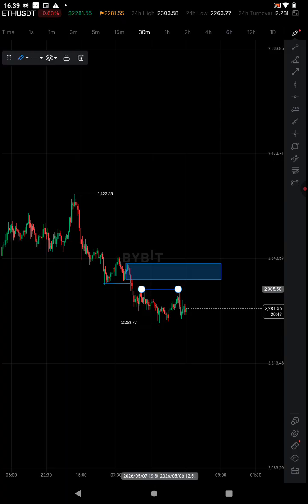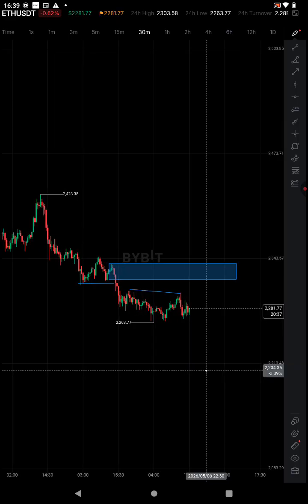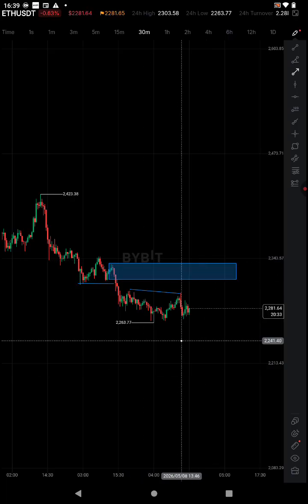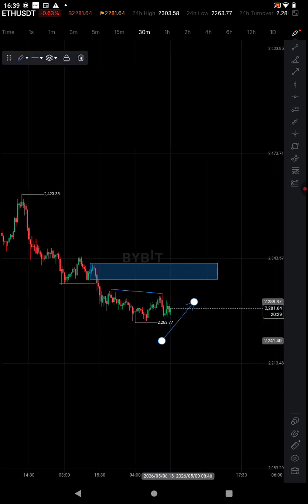You can see this double top here. So I'm anticipating price to go all the way up from here to this level, and then we sell back down again. That's what I'm anticipating.